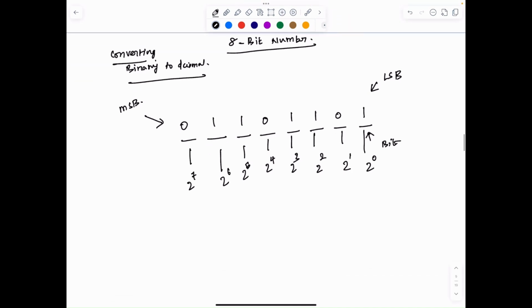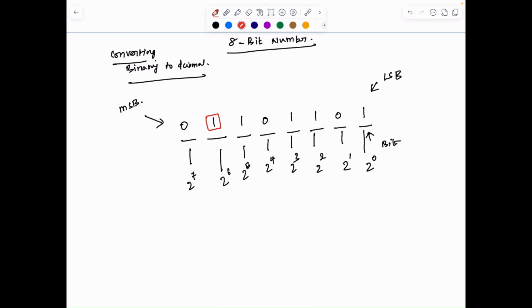In this case, I care about the bits that actually add value. Wherever there is a 0, it's not adding any value.